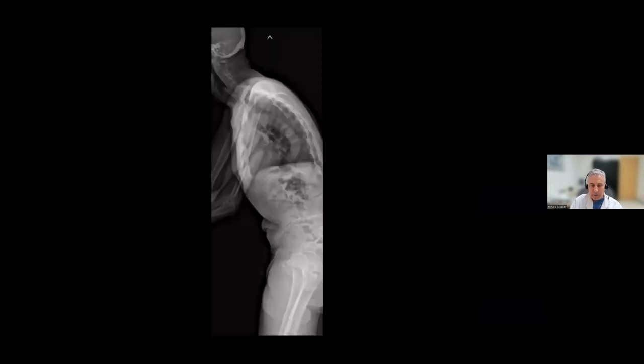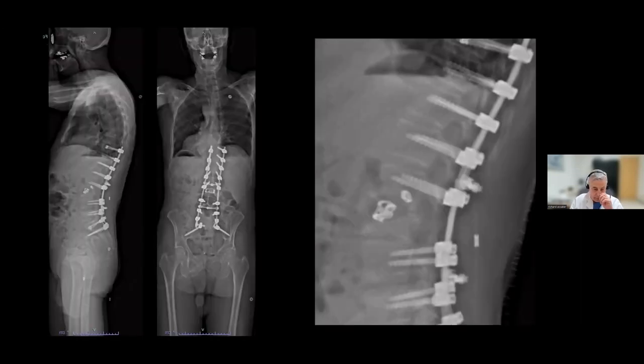I won't go through details. And I performed traction in dorsal decubitus that showed fair enough reducibility. And we ended up doing a VCR, placing an anterior cage, and realigning this patient.